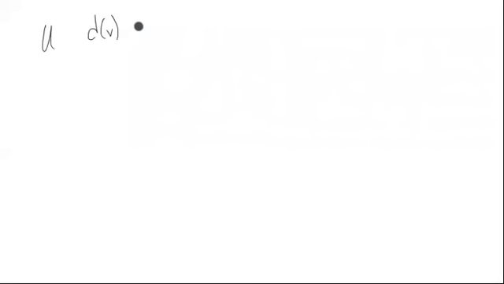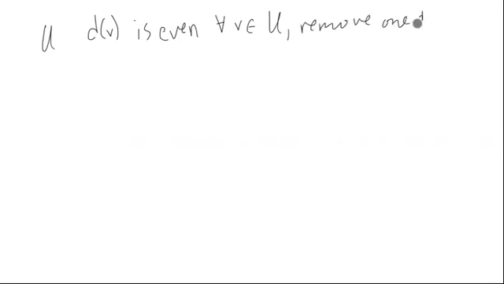So the degree of vertex v is even for all the v in the graph. Then if we remove just one edge, the graph will still be connected.